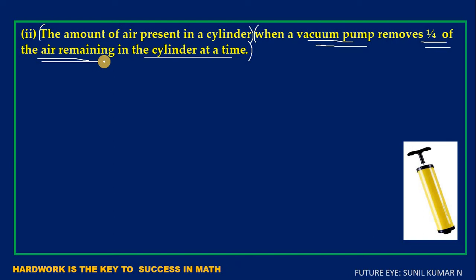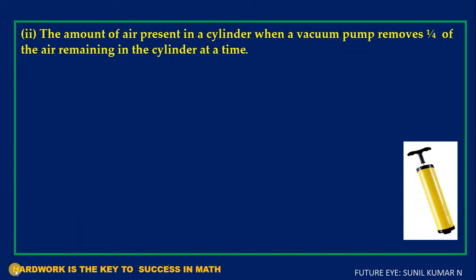So every time the vacuum removes 1/4 of 1000, it means 1000 minus 1/4 of 1000. In case 1 liter of gas is in the cylinder, then 1 minus 1/4 of 1. In case 10 liters of gas, then 10 minus 1/4 of 10. So this is the way of understanding this statement.